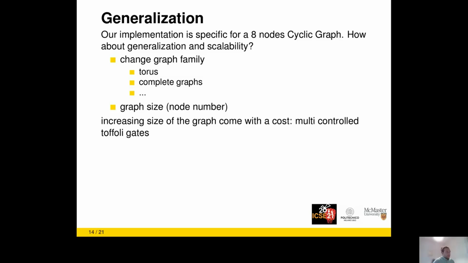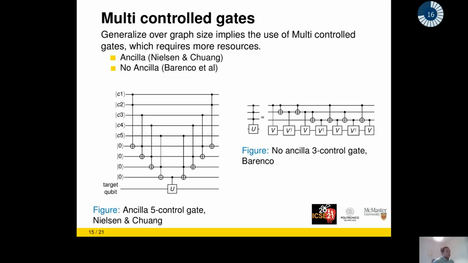But in either case, changing the graph family or the graph size, we have to alter the circuit accordingly. And regarding the graph size, increasing it comes with a cost, because we also have to increase our succession of multi-controlled Toffoli gates, and they are very expensive in terms of resources, as we will see in the next slide.